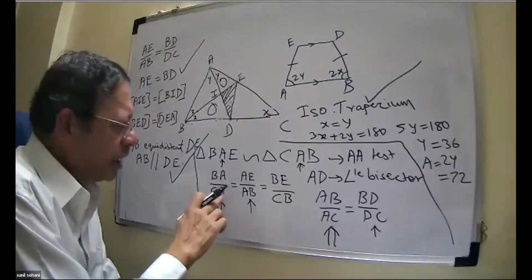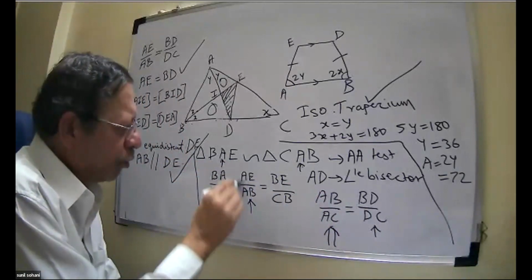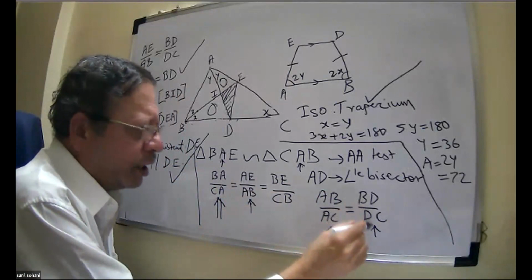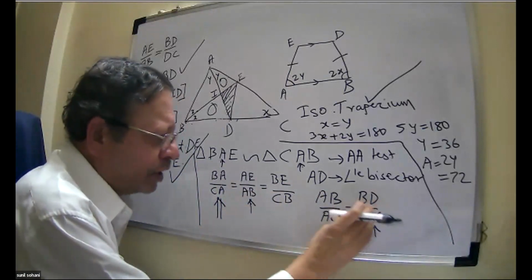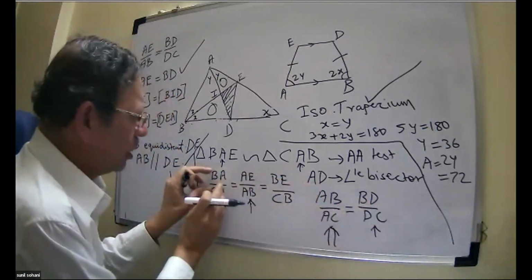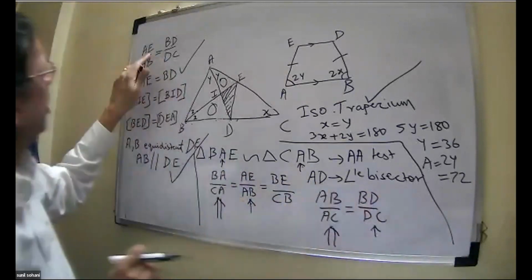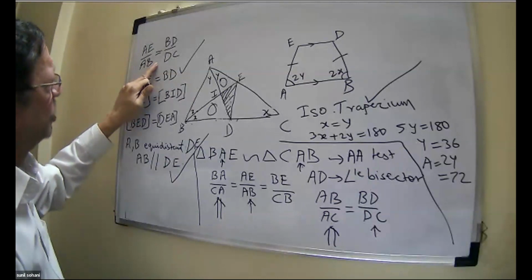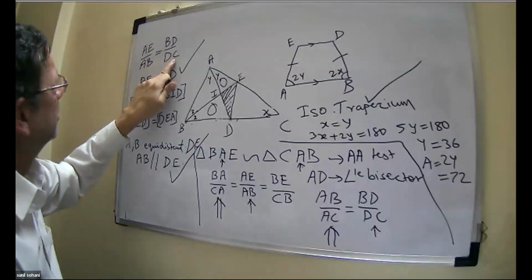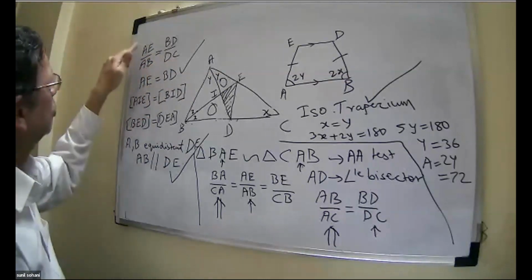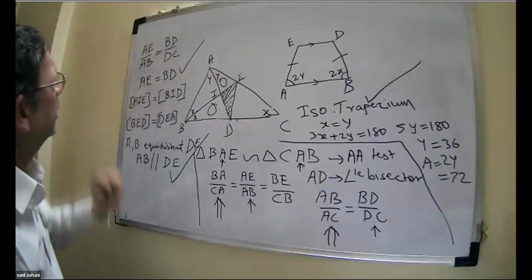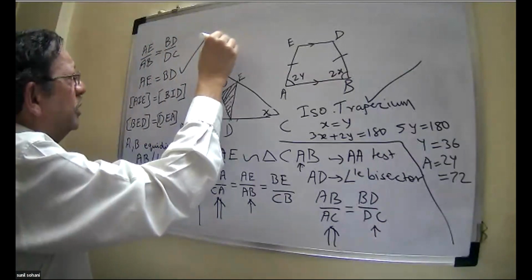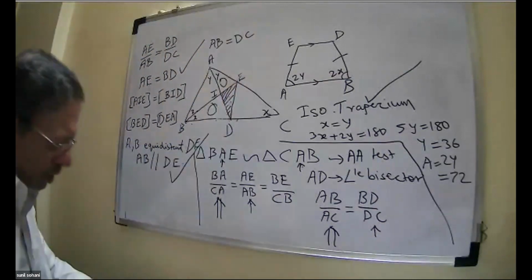So BA upon CA is equal to this single arrow, AE upon AB, and the double arrow is also equal to BD upon DC. So I took the help of this, and these things are equal. So AE upon AB is equal to BD upon DC. I have written that here on the top. Then in the question it was given AB is equal to DC, so they will cancel out. As a net result, AE is equal to BD. You can see in the question that AB is equal to DC is given.